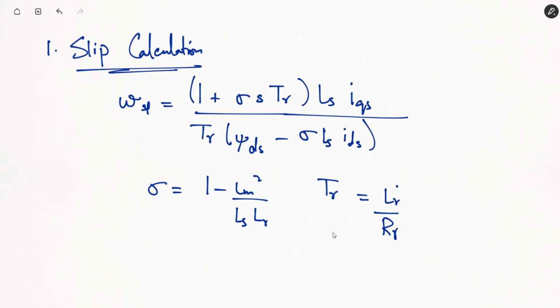So if we know all these values, Lm, Ls, Lr, Rr, Iqs and Ids, we'll be able to calculate the slip speed of the induction motor.